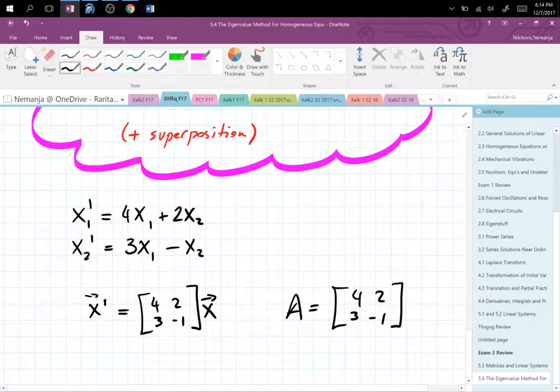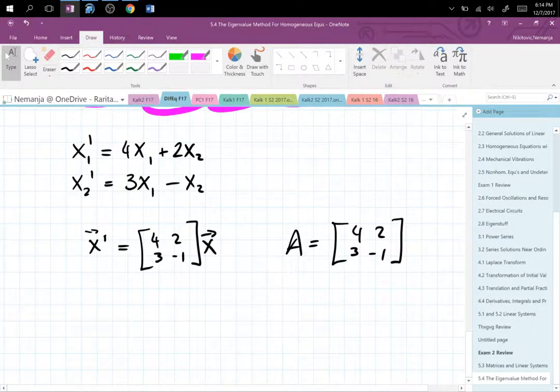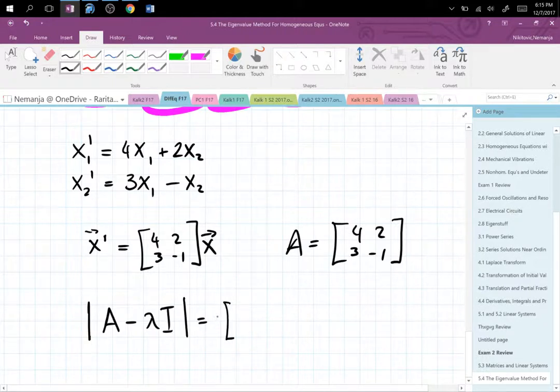So now, what we do is we run the formula that will calculate the eigenvalues. And we do that by computing the determinant of A minus lambda I. Now, matrix A is 4, 2, 3, negative 1 minus lambda times 1, 0, 0, 1.